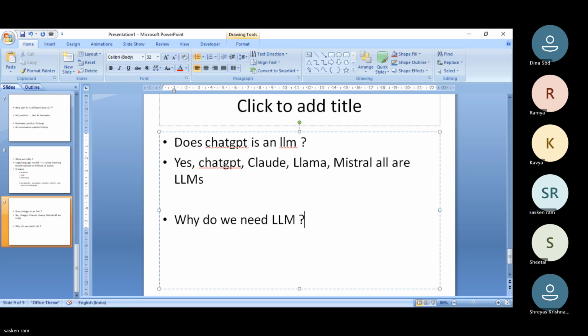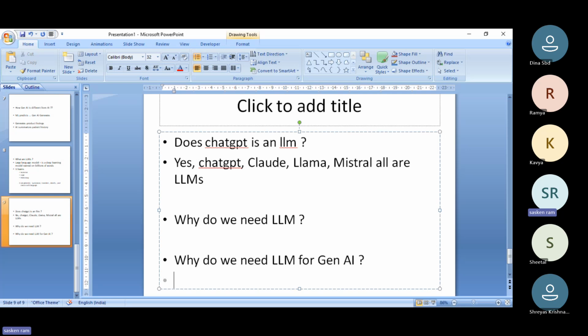Now the question is, why do we need LLMs for generative AI? Very good question. That is the fundamental building block, right? It's something like, why do we need an engine for a car? If somebody is asking this question, right? So LLM is like an engine, because without LLMs, Gen AI cannot understand or generate natural language.